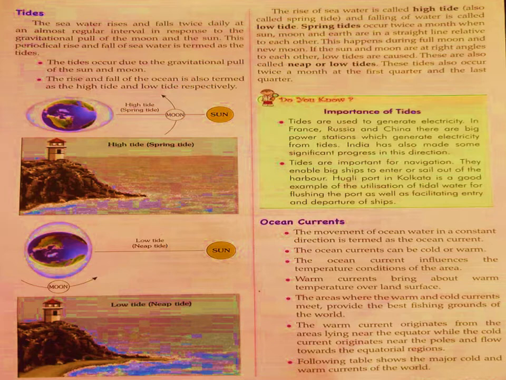You can see in the picture when earth, moon and sun, three of them, are in a straight line, then these spring tides occur, twice a month, on full moon and new moon.